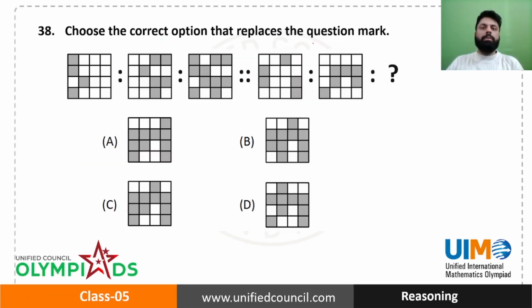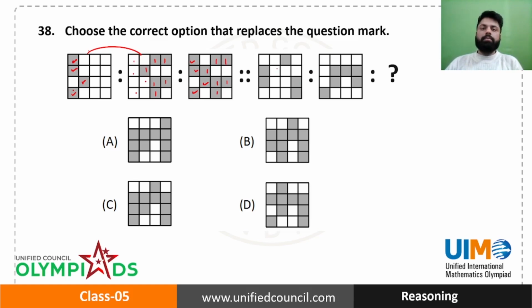Choose the correct option that replaces the question mark. So see, if we look at over here, 1, 2, 3, 4, 1, 2, 3, 4. If we just club these two, we will get this one. See, 1, 2, 3, 4, 1, 2, 3, 4, 5, 6, 1, 2, 3, 4, 5, 6.